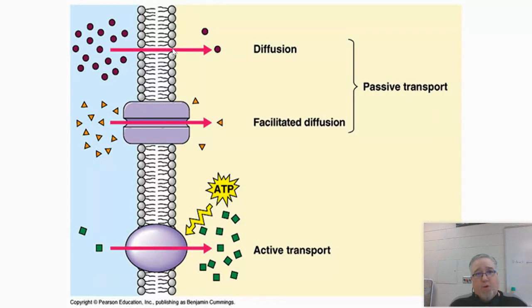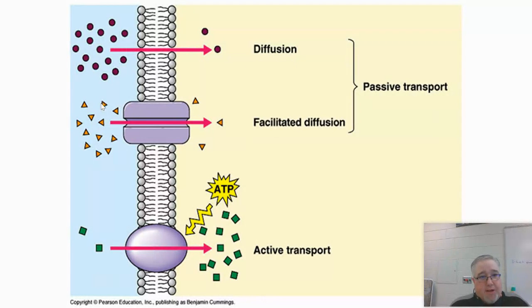And it's just moving right across the bilayer. It's not moving across a channel. So that's just diffusion, particles from high to low. Now, if this was water, we would call it osmosis. But whatever, it's probably some generic particle. It could be anything. We just call it diffusion. But again, if it was water, we would call it osmosis.